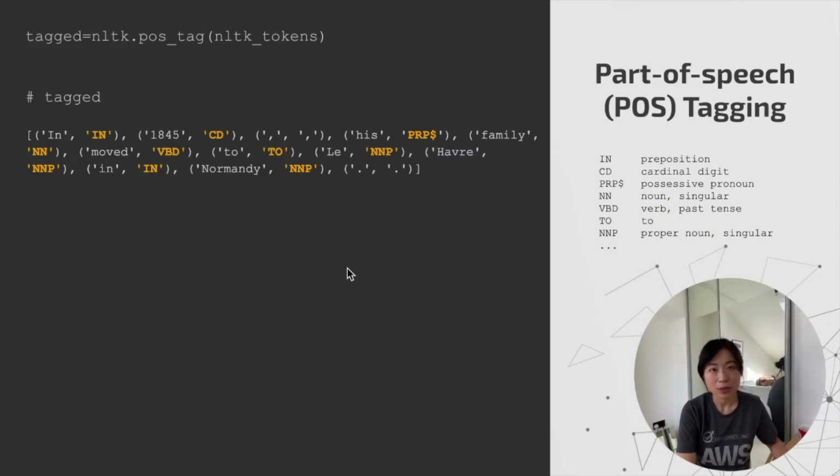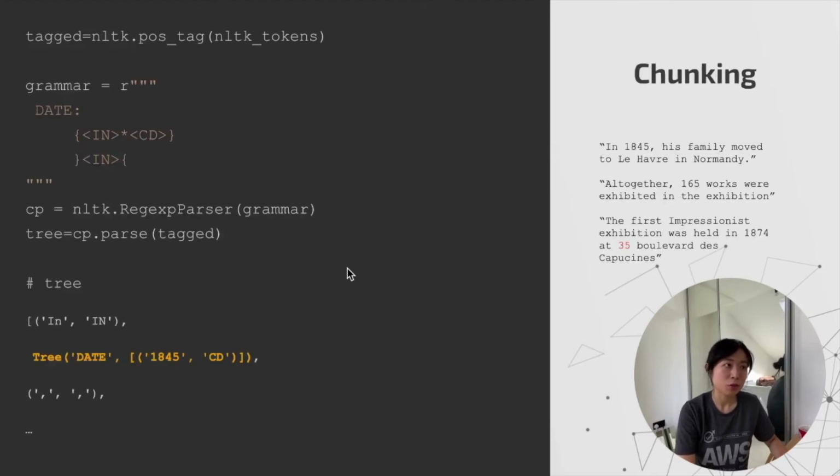And we don't stop there. We normally want to do something further to the already tagged sentences, which is a technique called chunking. Chunking means to apply a grammar to the sentences to help us further understand the structure of each individual sentence.